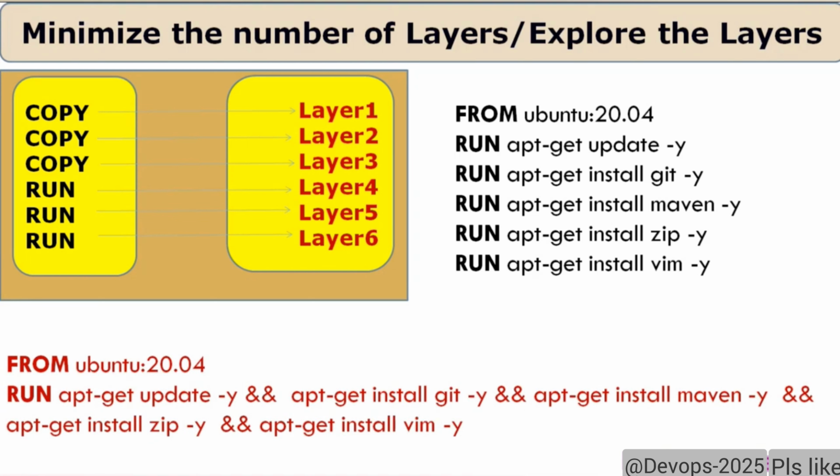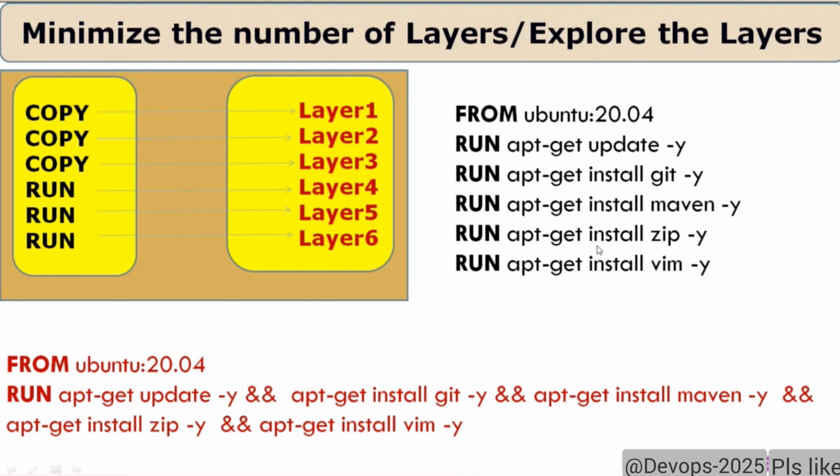Now, to understand this better, let's take a couple of examples and see how we are going to minimize the layers. For example, here I have used the FROM instruction with ubuntu 20.04 as the base image. And here I have used 5 RUN instructions for installing the packages. So this is the first example.